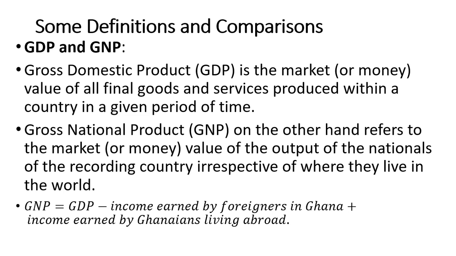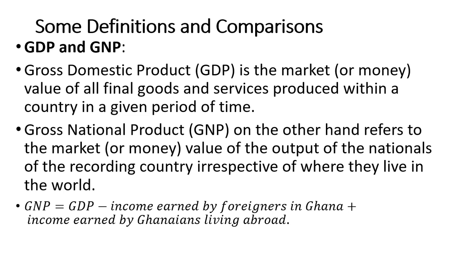So the gross domestic product is focused on what is produced within the borders of a country, whether it is produced by nationals or foreigners, it doesn't matter. But gross national product is concerned with the output of nationals of a country for a period of 1 year.